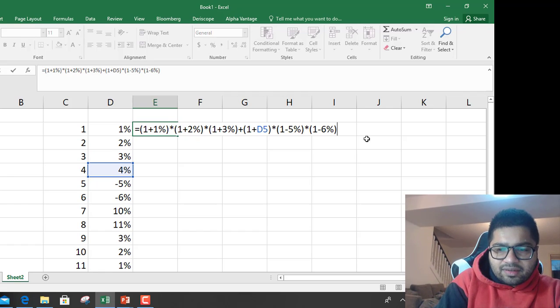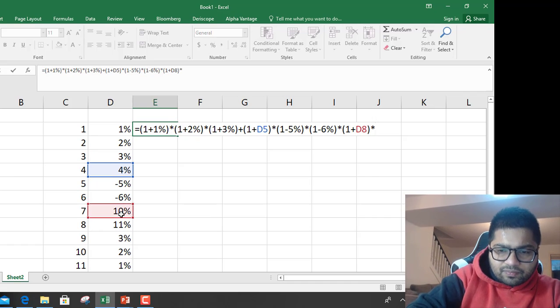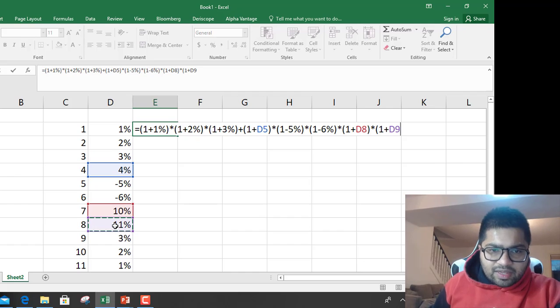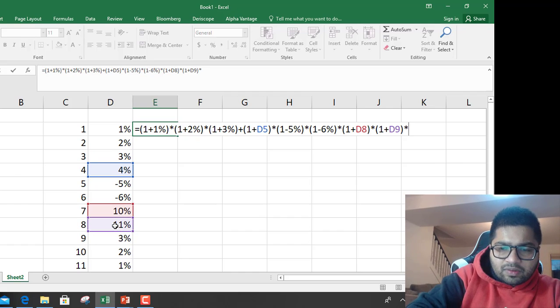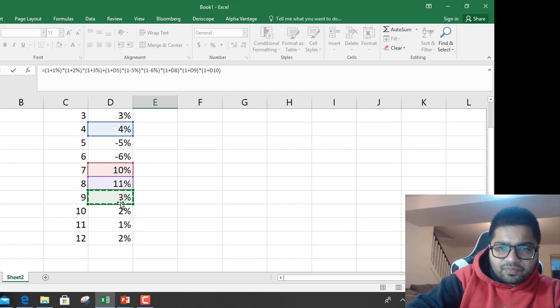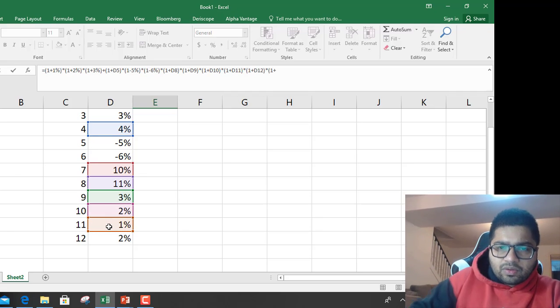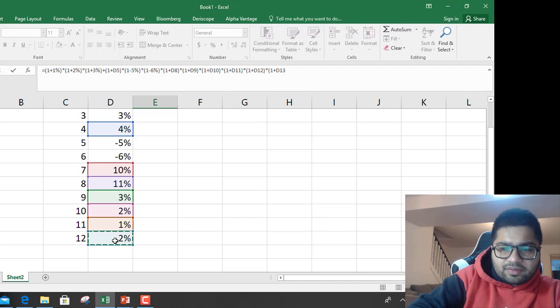So you have to subtract. The rest of it is clear cut. So 1 plus 10%, 1 plus 11%, 1 plus 3%, 1 plus 2%, 1 plus 1%, finally 1 plus 2%.